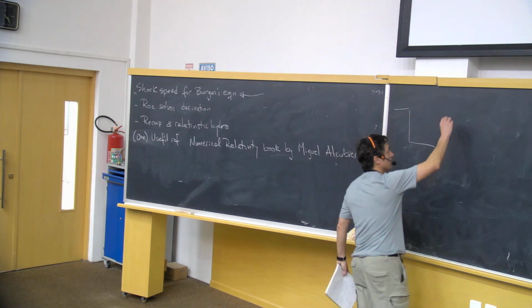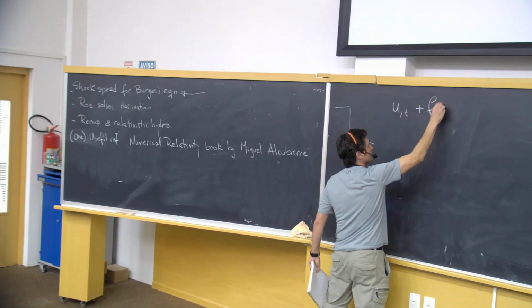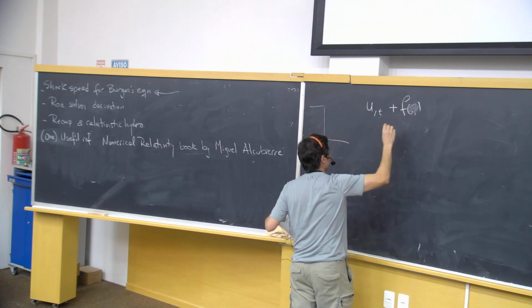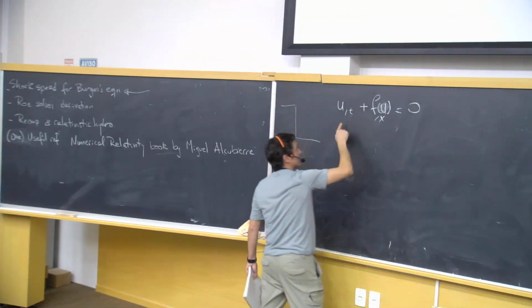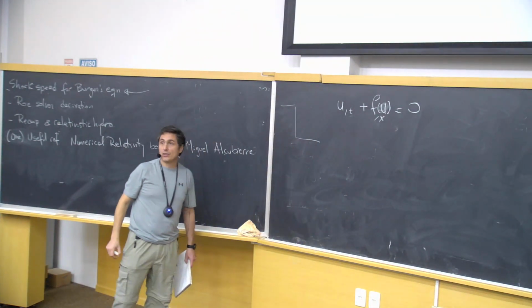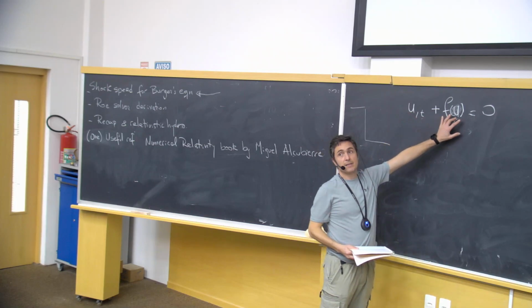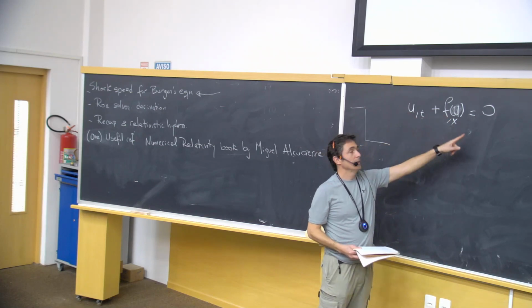So again, suppose we consider this equation. It's a conservation law. So we have the rate of change of some variable u given by fluxes that depend on that variable u, the gradient of it, equal to 0.